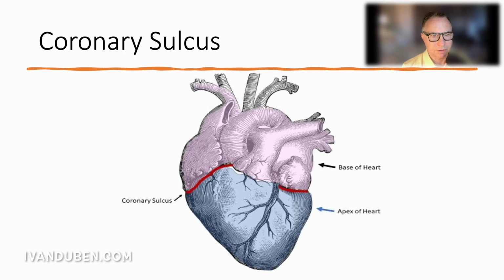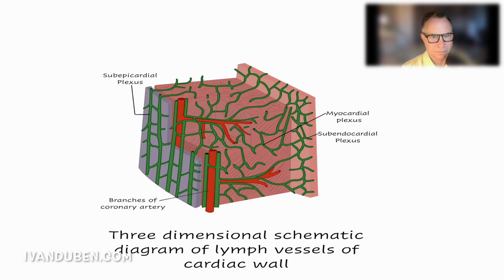Just an image here giving you an indication of the coronary sulcus, the base of the heart, and the apex of the heart for reference. This image is a three-dimensional schematic diagram of lymph vessels of the cardiac wall.